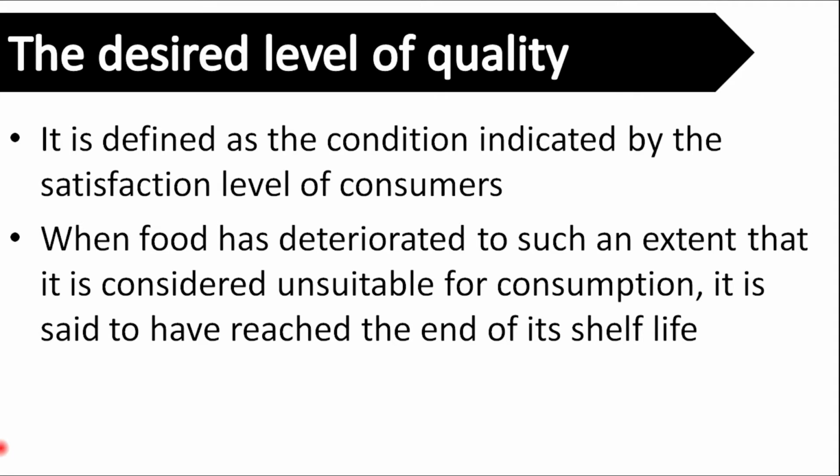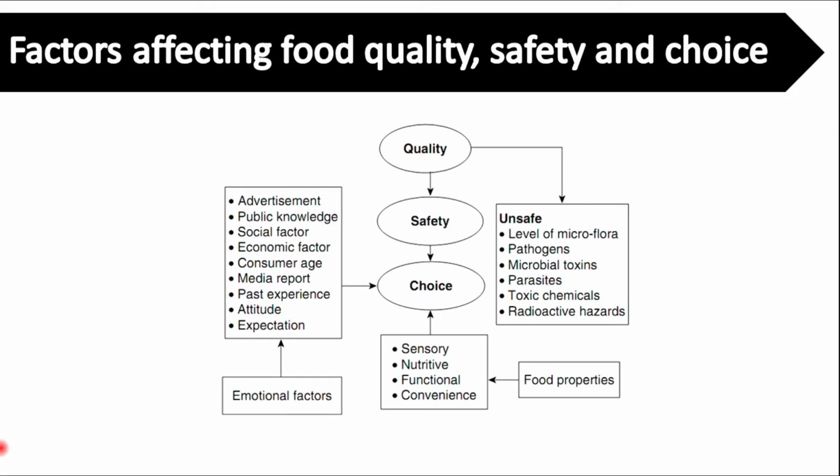When food has deteriorated to such an extent that it is considered unsuitable for consumption, it is said to have reached the end of its shelf life. There are several factors that can affect the final quality, such as level of microflora, toxic chemicals, and radioactive hazards. The quality of the final product is very important because it affects the safety and finally the choice of the consumer.